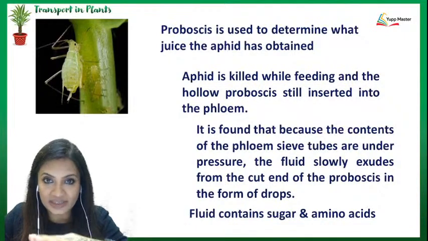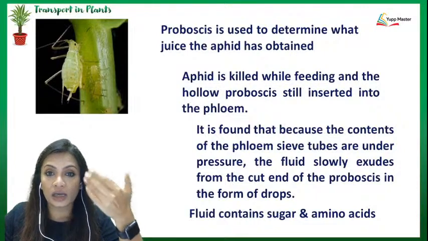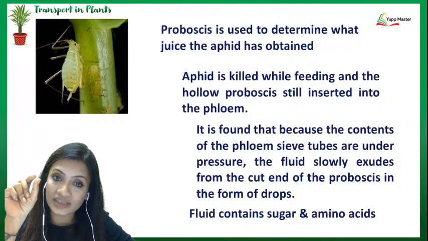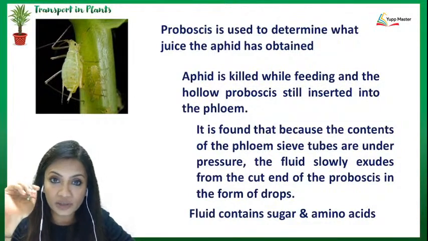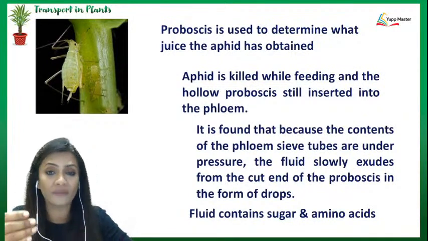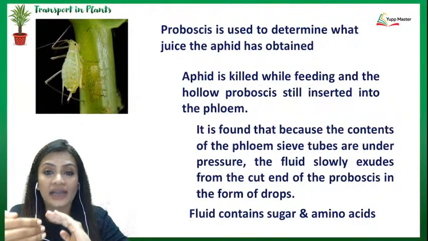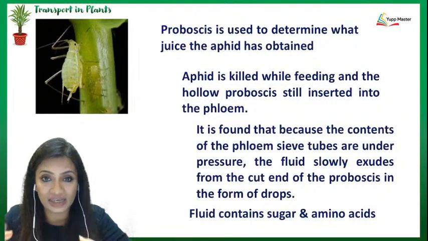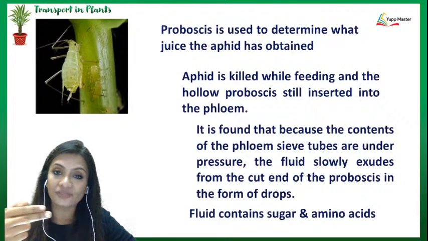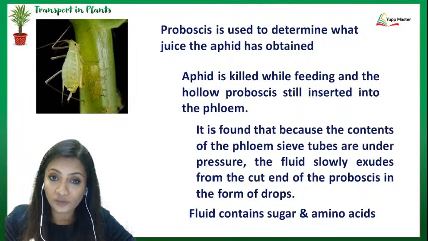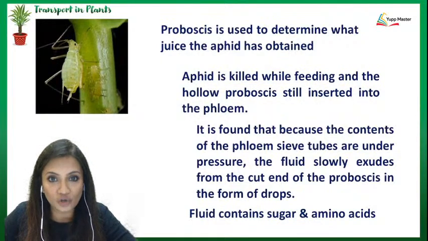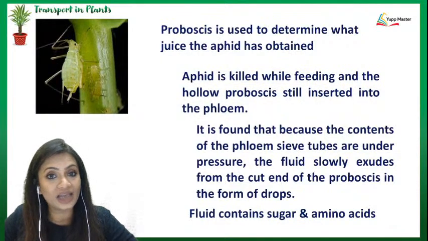So basically when the aphid is cut, the proboscis is left inside the stem, and because the inside of the plant has a higher pressure than the external part, naturally the substances from inside the plant have a tendency to come out of the proboscis, and that is coming out in the form of drops. The drops are collected. Now, when the drops are collected and studied, it is seen that these drops contain sugars as well as amino acids.